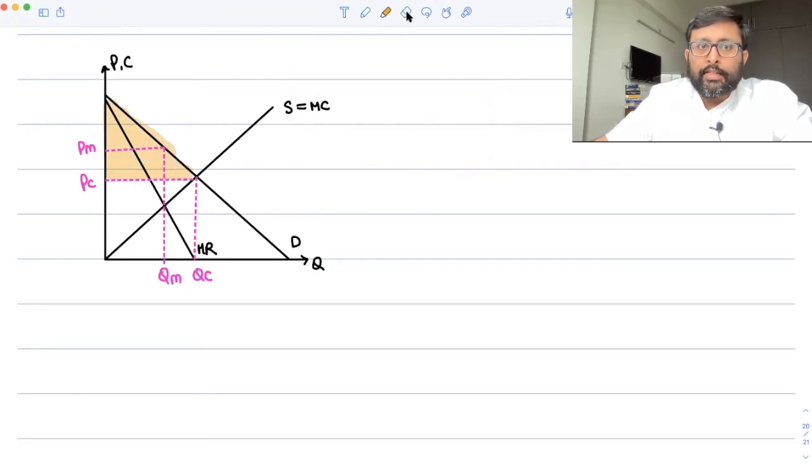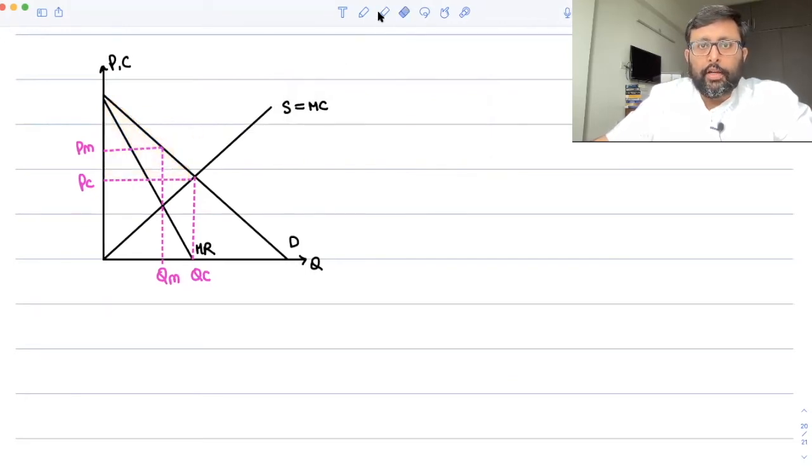Right? So there is an addition of the consumer surplus by this much amount when society is now going to work with a competitive firm instead of the monopoly, right? So there is an addition of this area.